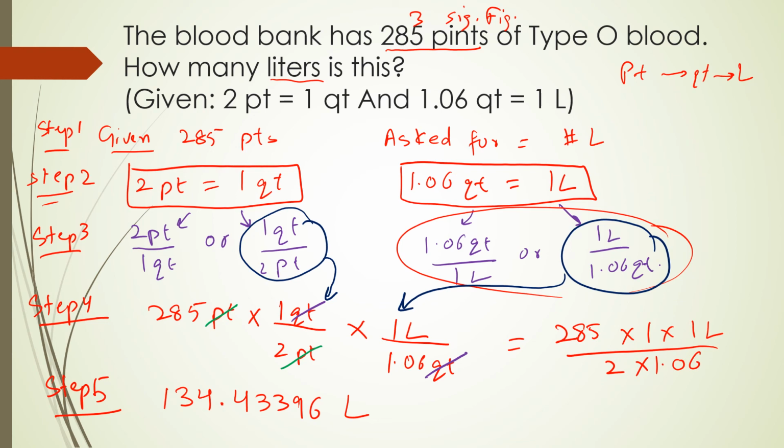So we need to report the correct sig fig. So correct sig fig is 3, so it means only these 3. The next one is less than 5, so we can drop it off as such. So answer is 135 liters.